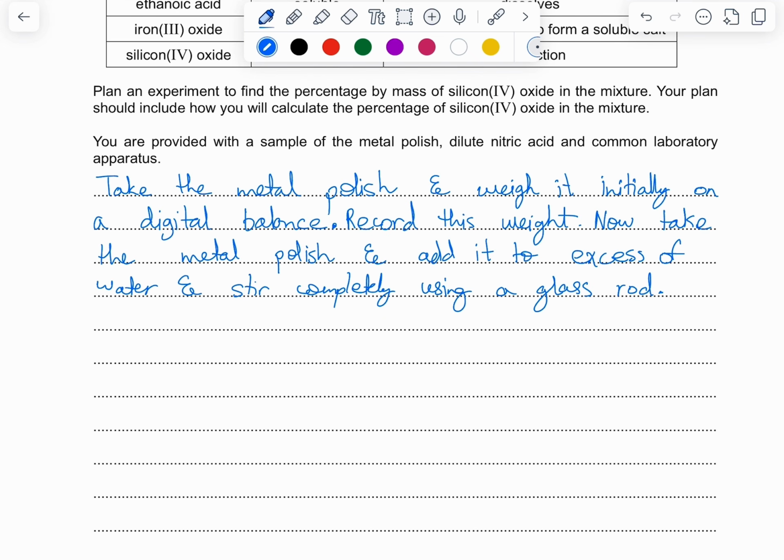Stir it completely using a glass rod. Continuous stirring, right? Until no more solid dissolves.